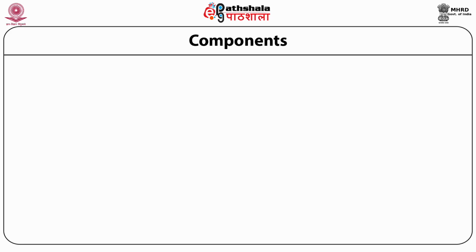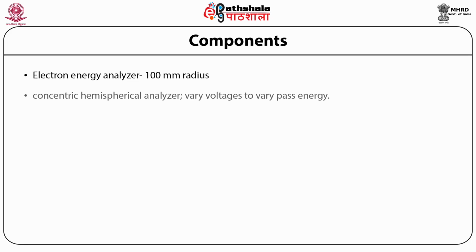Now, coming to the instrumentation, there are many components. The major components of this instrument are the electron energy analyzer, which has a 100 millimeter radius, a concentric hemispherical analyzer as we call it, with voltages that vary from one to another to pass energy.